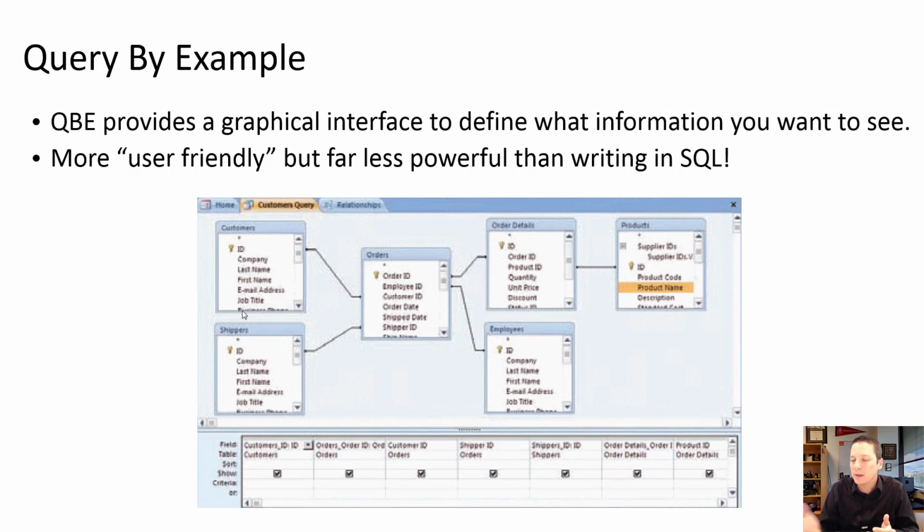So the QBE interface allows you to add tables and create relationships and drag things around and just click boxes to add attributes, and then it generates the SQL code in the background. However, like I said, it's not as powerful, not as flexible, and the SQL code that the Query by Example interface creates was clearly not created by a human.